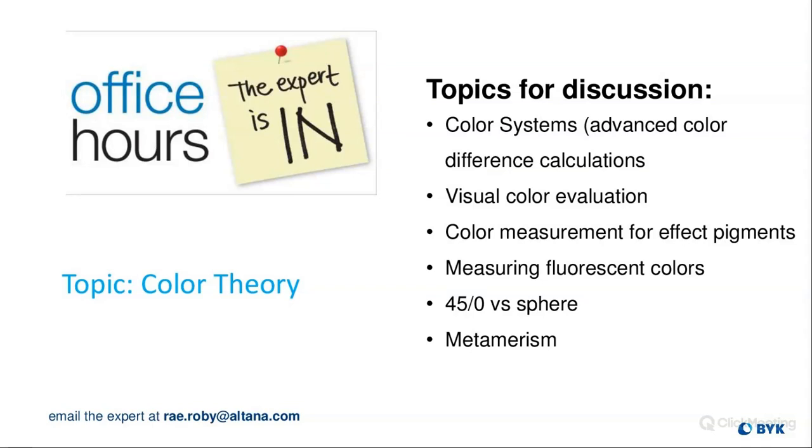What else? Color theory, fluorescent colors. How do you handle that? One, how do you tell if there's a fluorescence within the pigment? And 2, how do you measure and check that for harmonization?